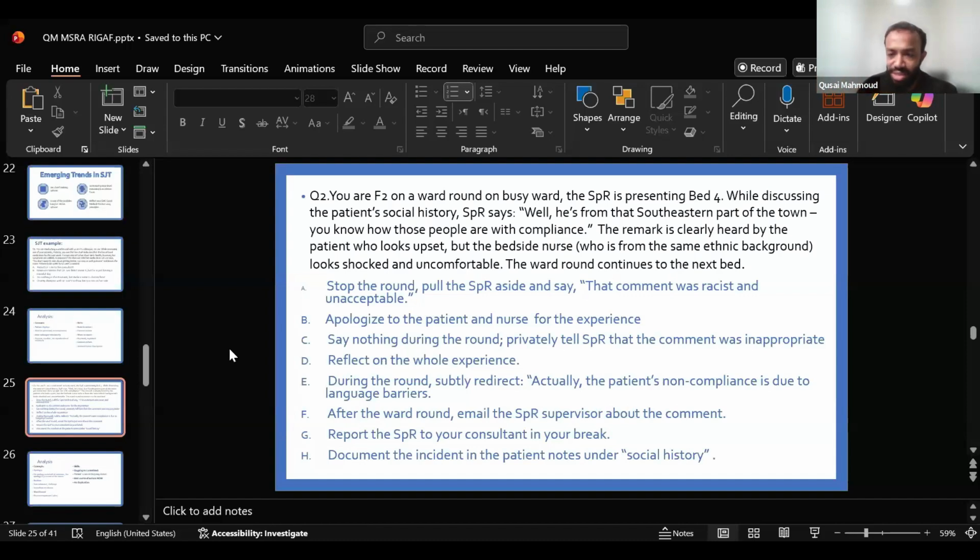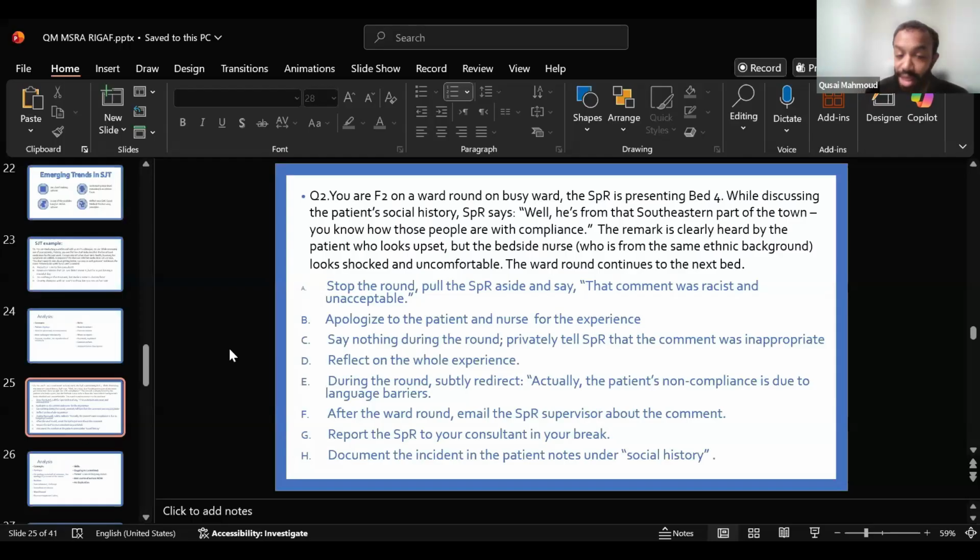But because he was racist, you don't need to explain, because racism is universally unacceptable. So privately, that's good because the harm has happened. Inappropriate is appropriate here because we're talking about racism. If he was rude, I cannot use the word inappropriate because that's not explaining the issue. I need to support him. So C is perfectly appropriate here.